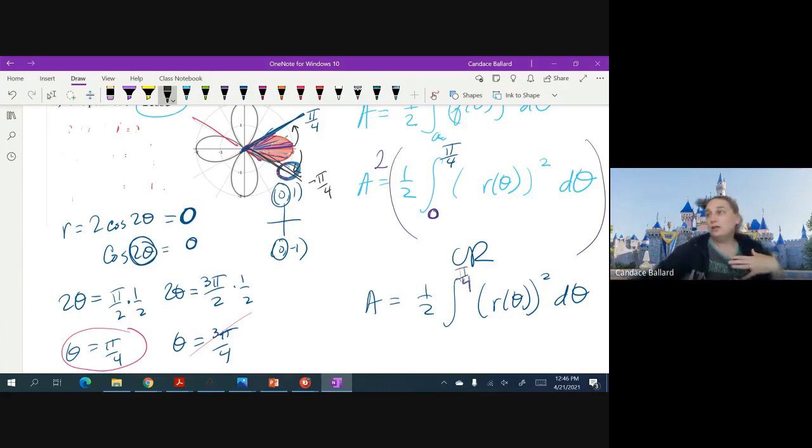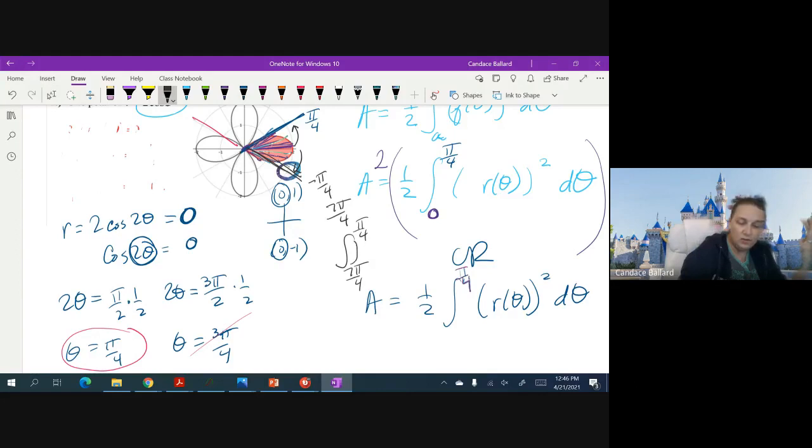Lorenzo was right. 7 pi over 4 is what that location is. But when we integrate, can we go from 7 pi over 4 to pi over 4? Do I have a continuous function there? Does that make sense? I can't count from 7 pi over 4 and get to pi over 4. I'd have to do the flipping thing.